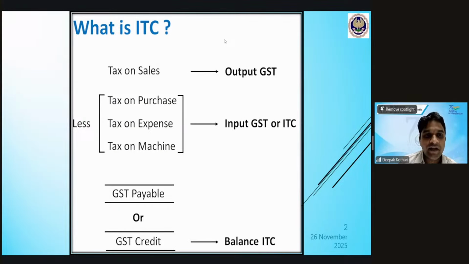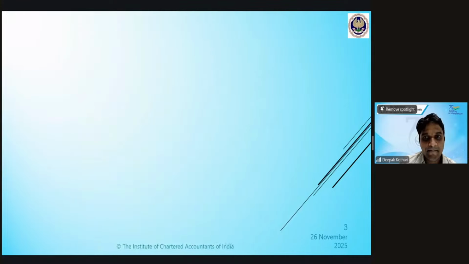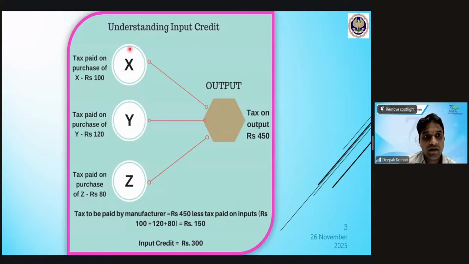Your input will be tax on purchases, tax on expenses, and tax on any capital goods. When I say tax on machine or capital goods, we get the credit of everything. Balance is your GST payable. If your credit is more than your output, that is called ITC credit carried forward. Then whatever is the tax paid on these purchases is offset against output. That is the main reason why ITC is claimed.